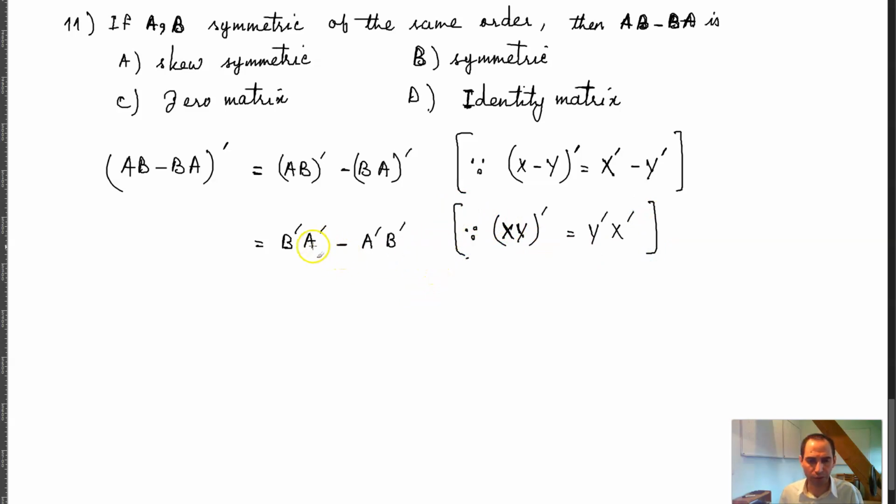Then you can write this as, now, here we said that A and B are symmetric matrices, meaning that A prime is equal to A, and B prime is equal to B, right?